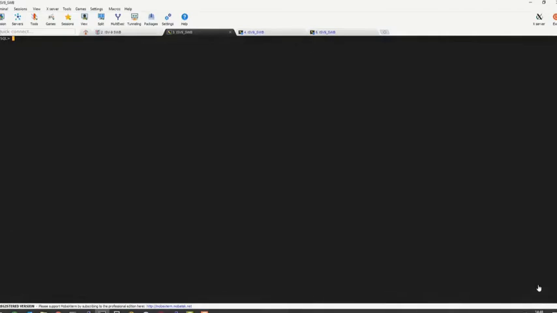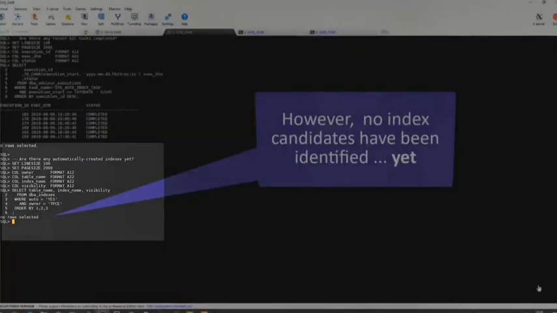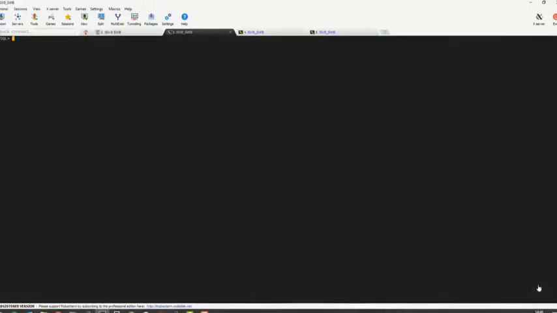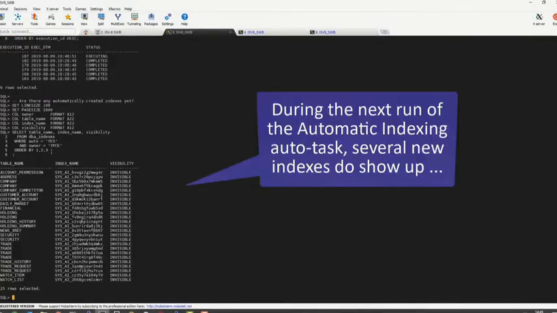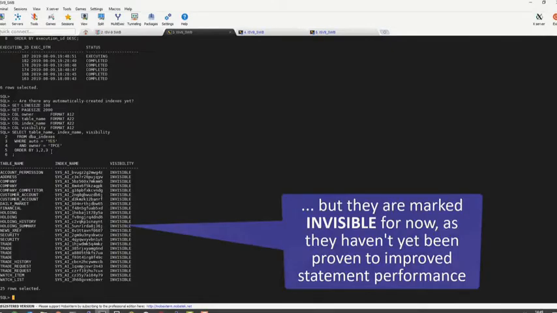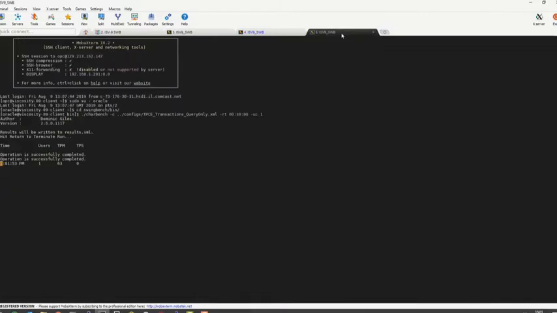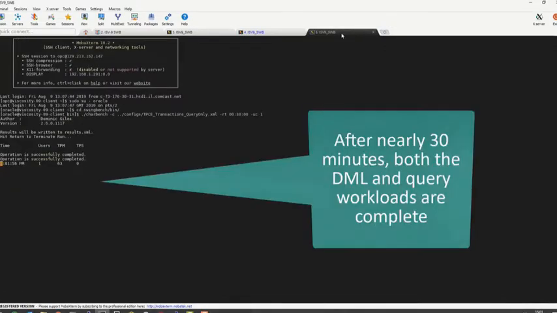I didn't turn anything on. But right now, since the workloads have just started, there's no activity recorded. However, after the first run of automatic indexing, guess what? Here are several indices, but note they're all marked invisible. Why? Because we haven't proven yet that they're valuable.